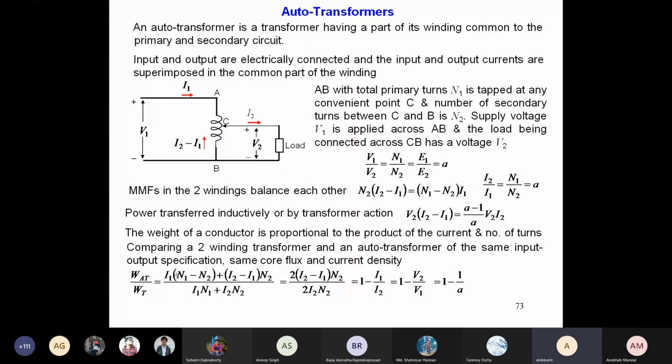Volume is length of the conductor into A. Length is proportional to the number of turns. And area, if you increase the area, what will happen to the resistance? Resistance will decrease, current will increase. So area increase means current increase. But weight also depends on length.